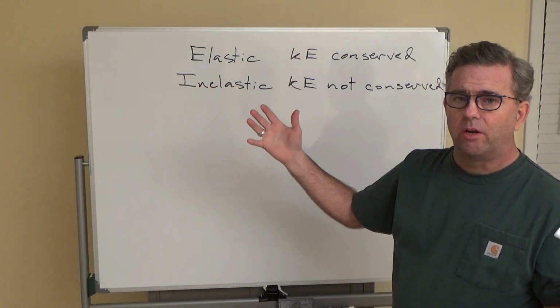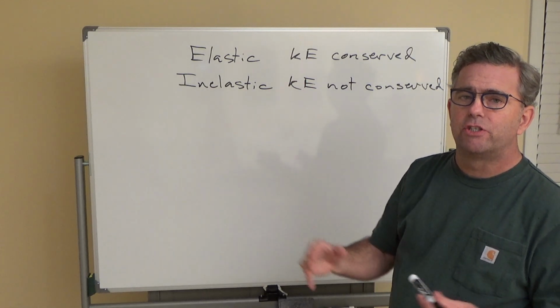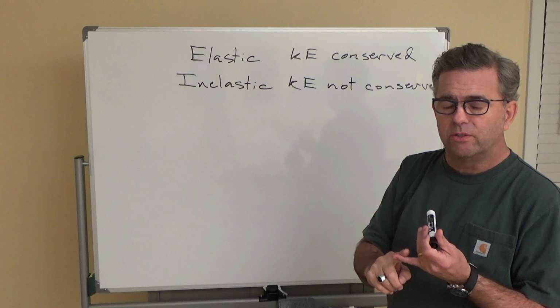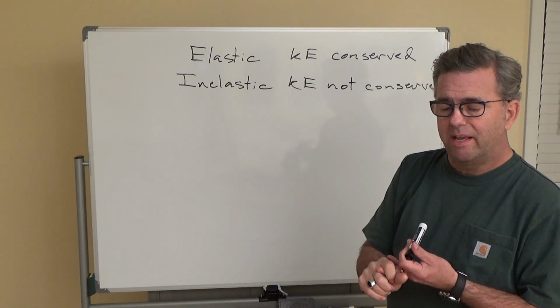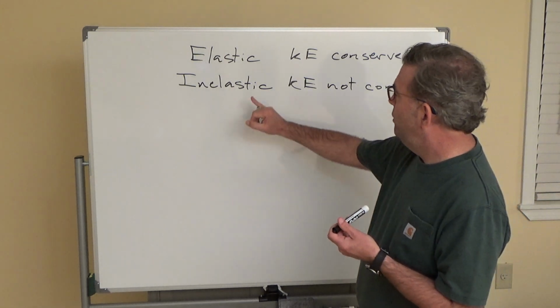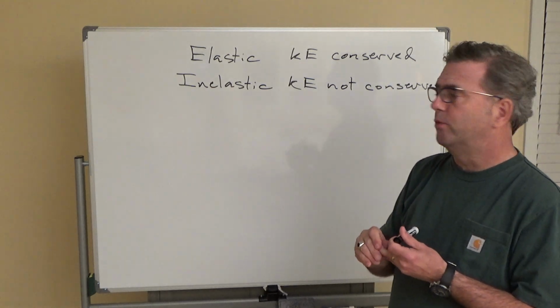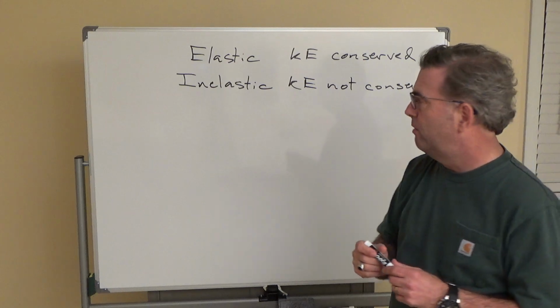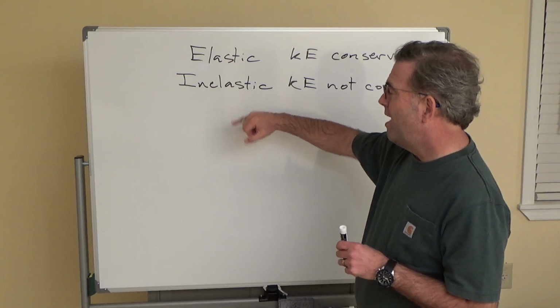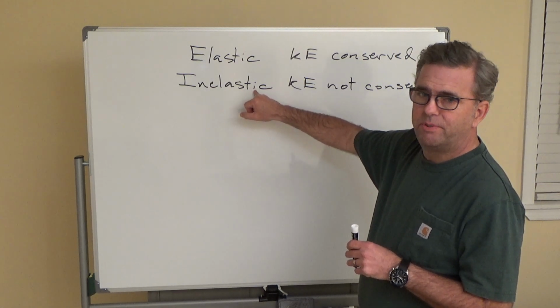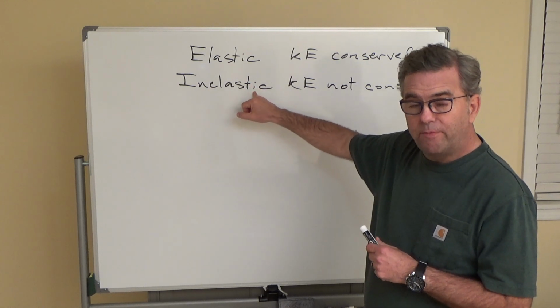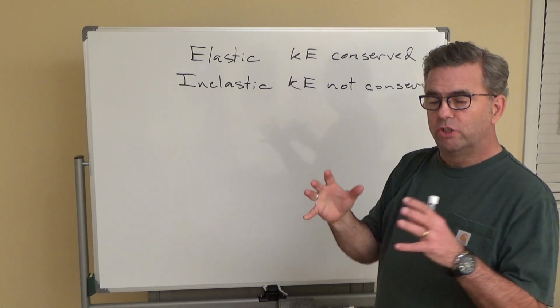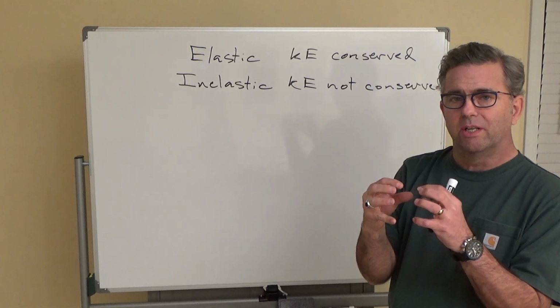Some people may call it a perfectly elastic collision, where momentum's always conserved and kinetic energy is conserved. Then you can have an inelastic collision where kinetic energy is not conserved, momentum is always conserved, and we'll have another one that is a subset of inelastic, which is a perfectly inelastic, which is where the two objects actually stick together.